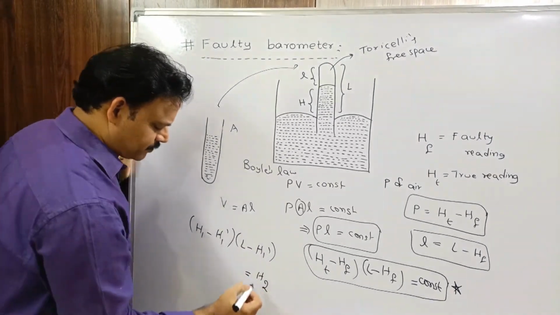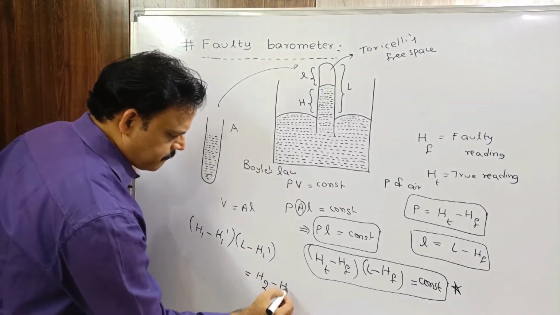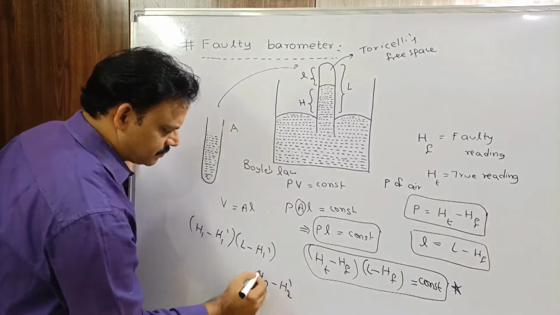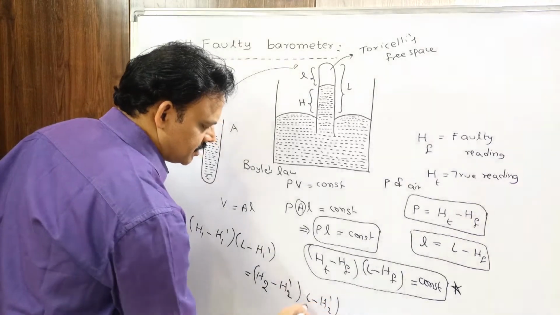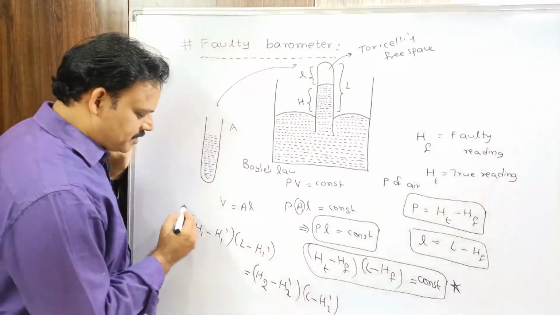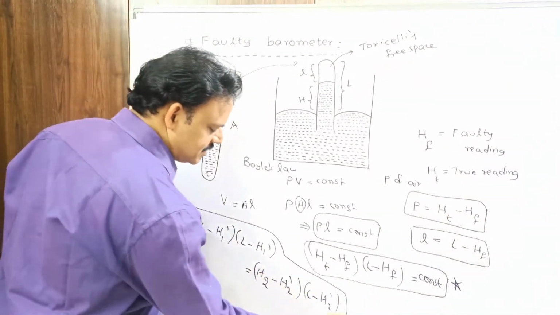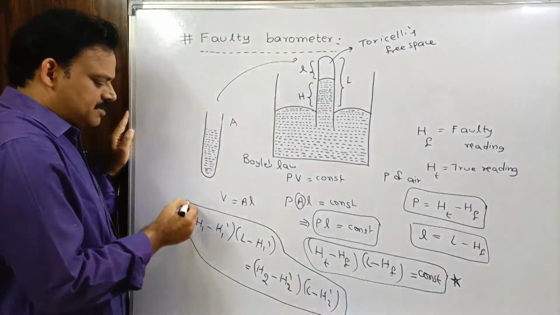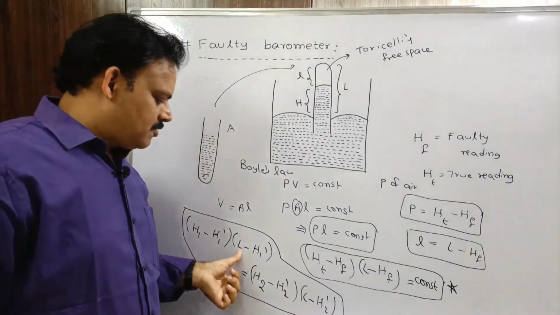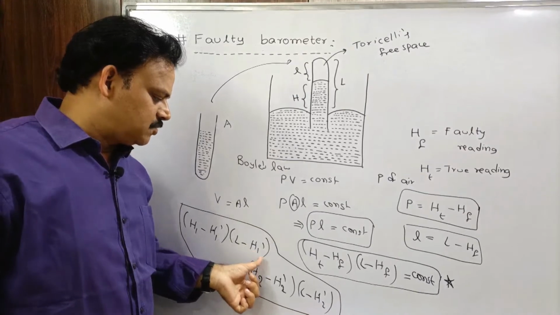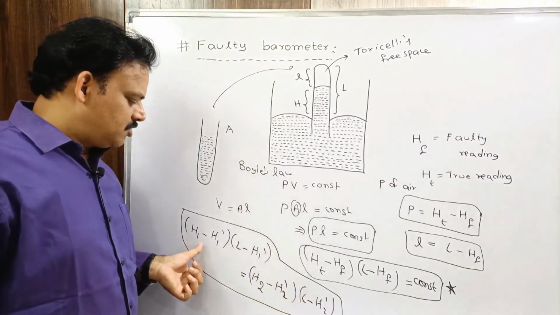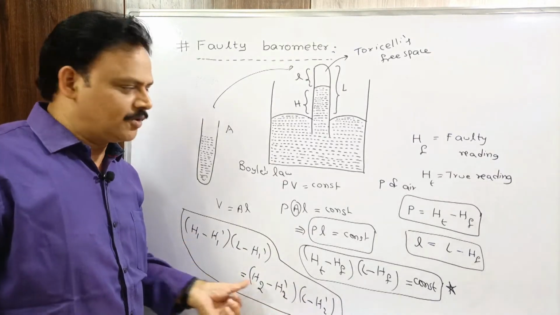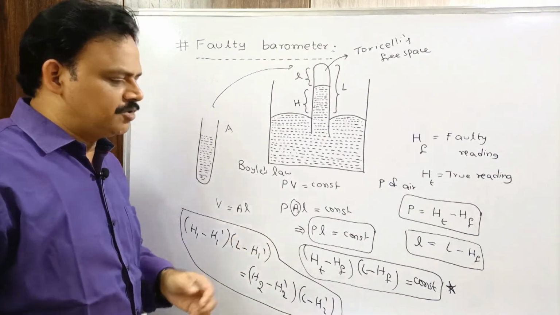Then H2 into L minus H2 dash. So from this I can very easily find the true atmospheric pressure. Generally they will give you the length, the H1 dash value and the H2 dash value also. They will give you H1 and you will be asked to find H2. Okay, based on this we can do the problems.